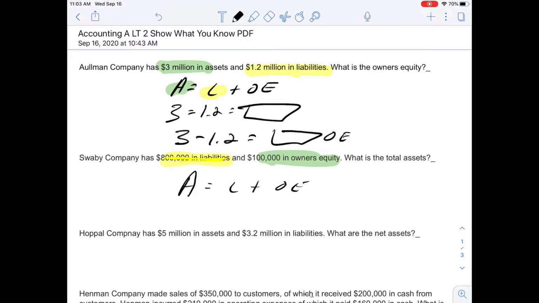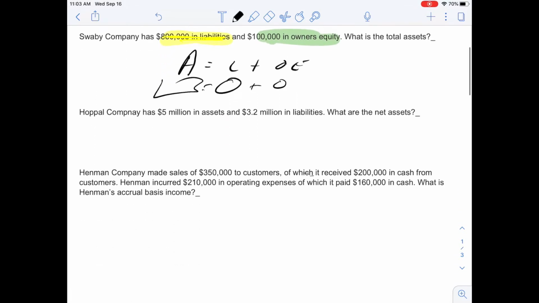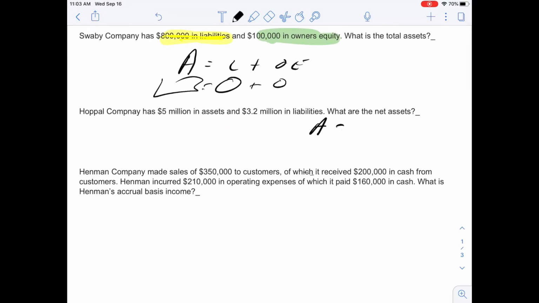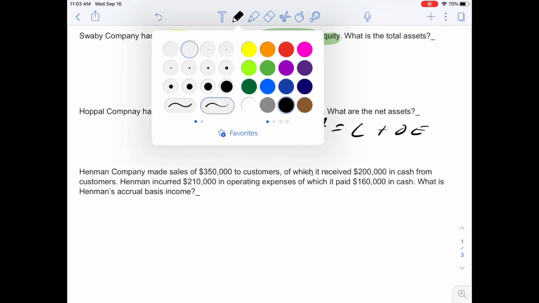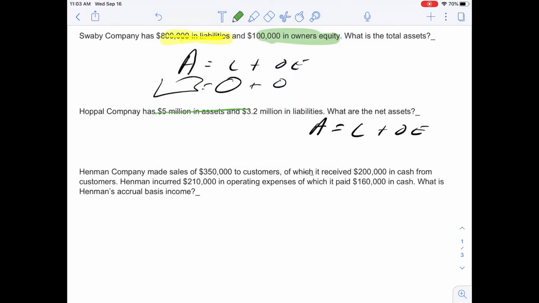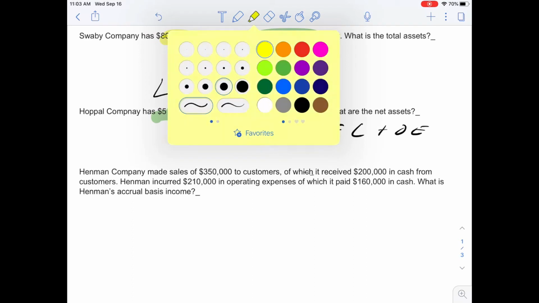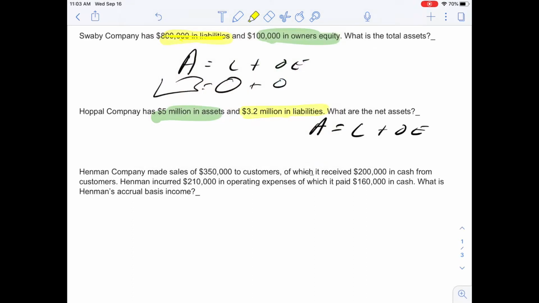To find that, we take our liability plus our owner's equity, and that gives us this number. Continuing on, remember assets equals liability plus owner's equity. Here we have our $5 million in assets. We also have our 3.2 in liabilities. That'll allow us to find that.